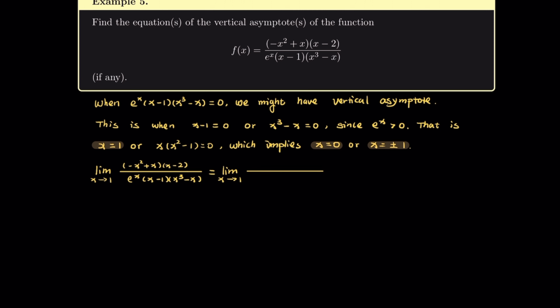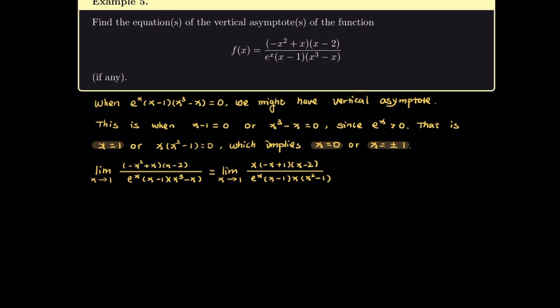I have x times negative x plus 1 times x minus 2 over e to the x minus 1 times x squared minus 1.